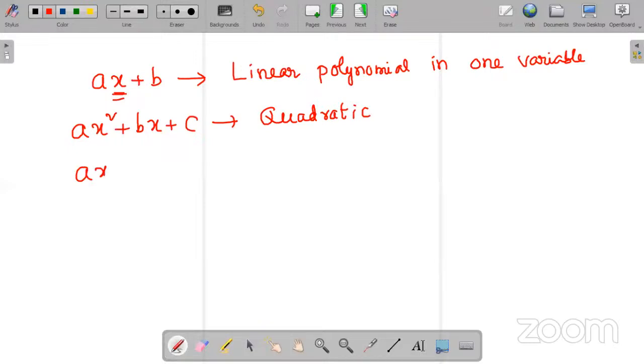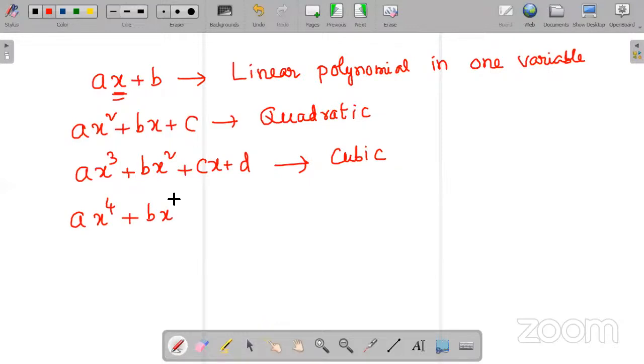This is ax cube plus bx square plus cx plus d, called a cubic polynomial. Ax to the power of 4 plus bx cube plus cx square plus dx plus e is called a biquadratic polynomial.